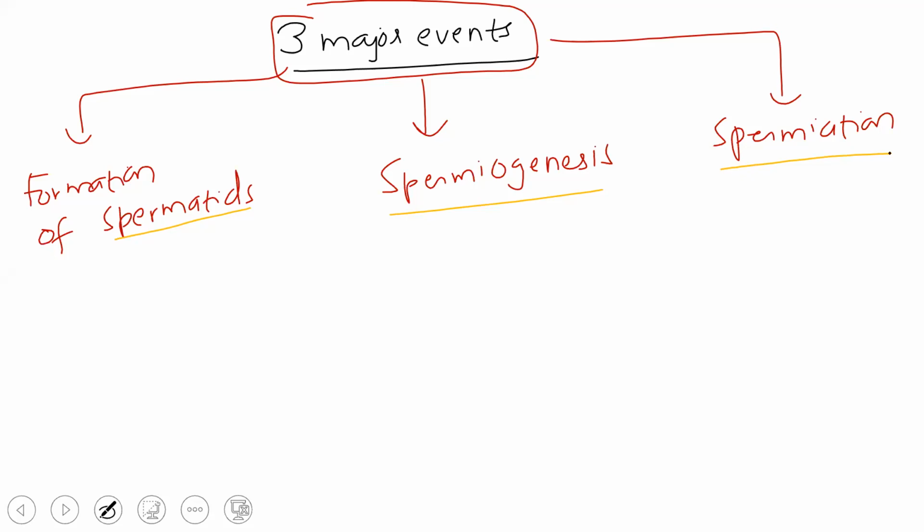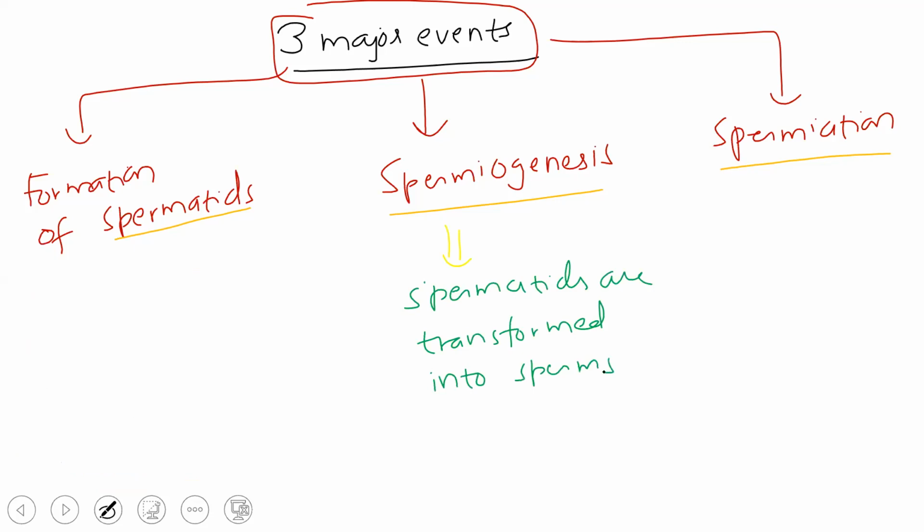Okay, then we have spermiogenesis, and then we have spermiation. Spermiogenesis mainly refers to formation of the sperms. Spermatids are transformed into sperms, and sperms are released.